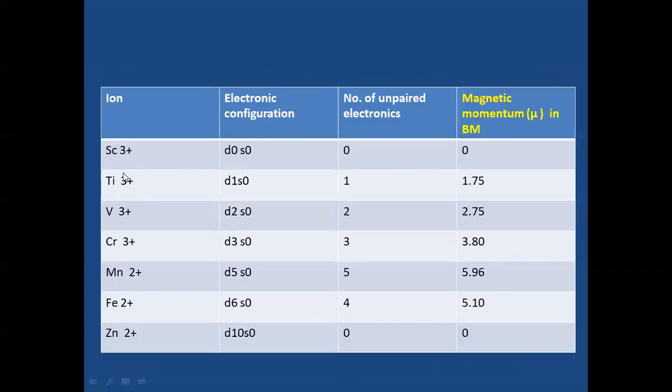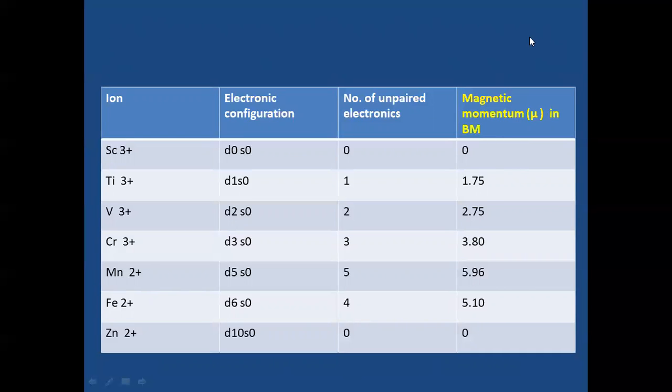Here in titanium ion, Ti3+, 1 electron is remaining. Therefore, it is about 1.75, which is nearly equal to the calculated value. Sometimes the calculated value and experimental value will not tally, but it will be nearly equal. Here it is 1.75, the calculated value is 1.732.